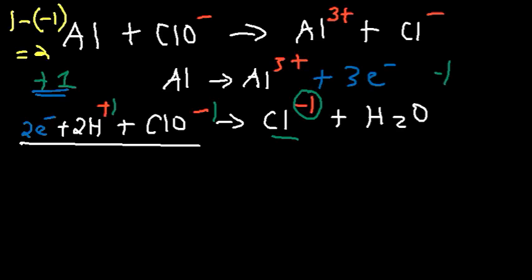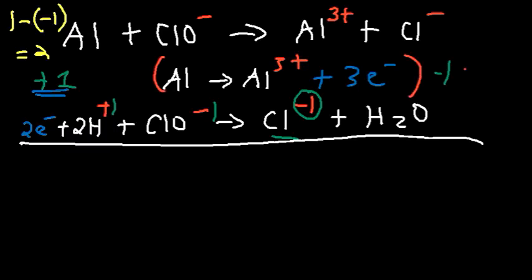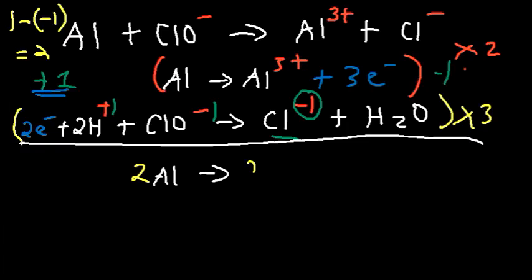Okay, so now these half reactions are balanced. What we need to do next is make sure the number of electrons are equal. As we said before, the least common multiple of 2 and 3 is 6. So we need to multiply this by 2 so we can get 6 electrons, and we need to multiply this equation by 3 so we can get 6 electrons. Let's rewrite what we have. We have 2 Al, and that yields 2 Al3 plus with 6 electrons.